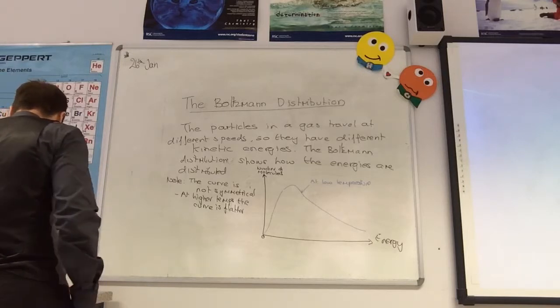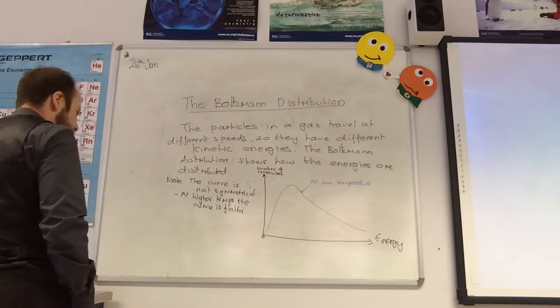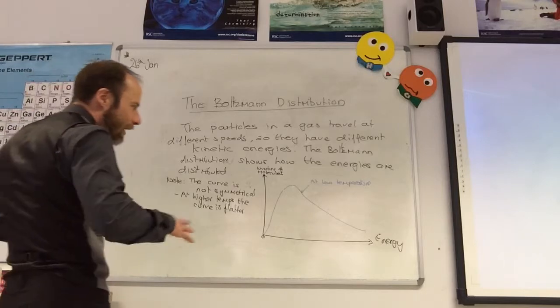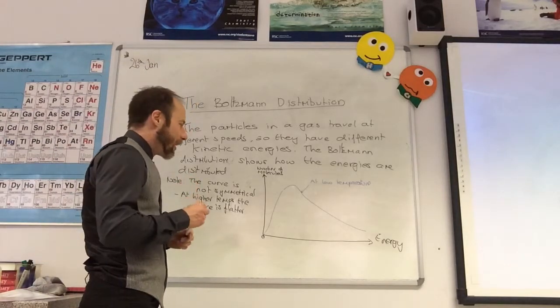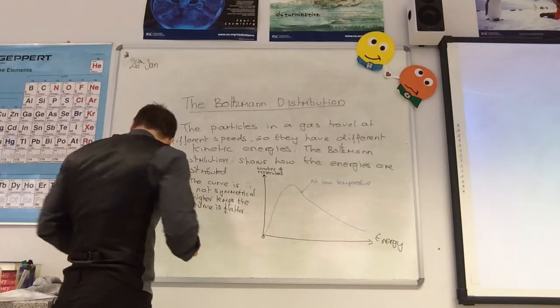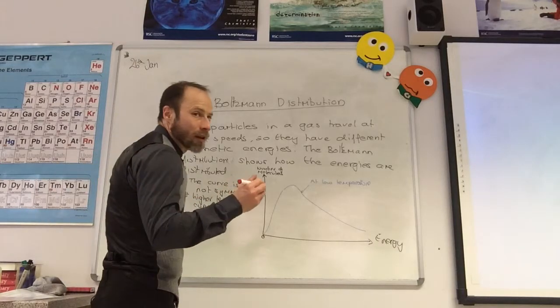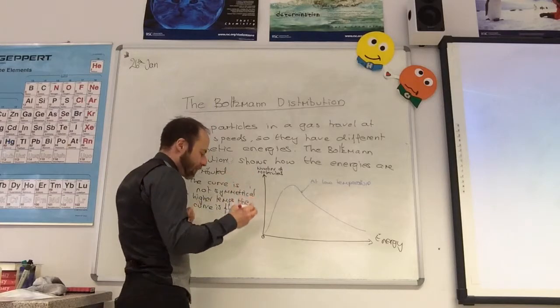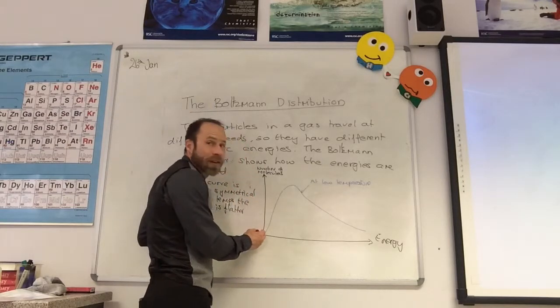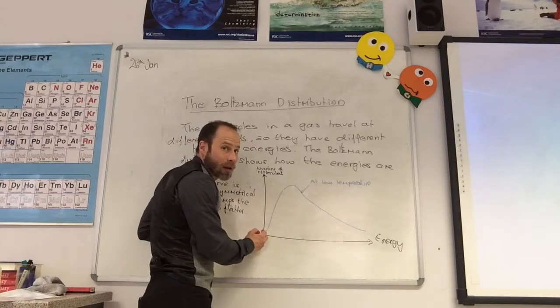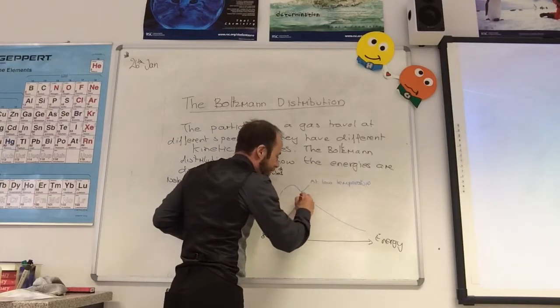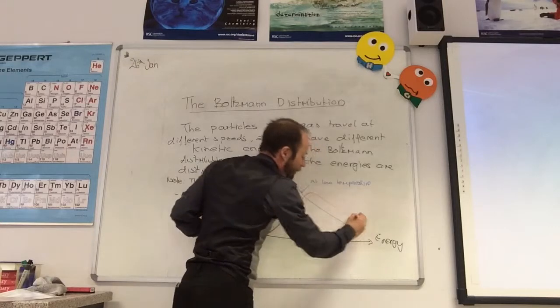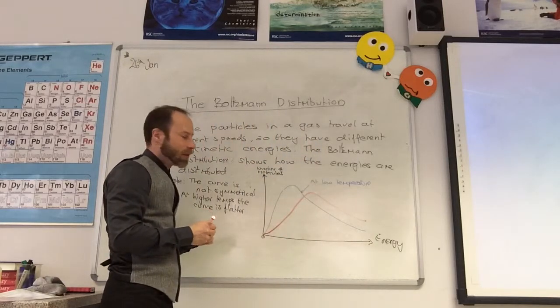what I'll do now is in red, I've got how my distribution changes at higher temperature. So at higher temperature, it starts off at 0, it goes lower than this, it peaks, and then it goes like so.